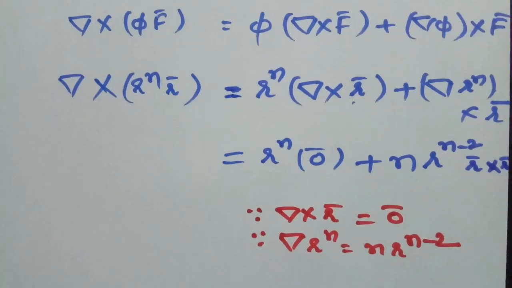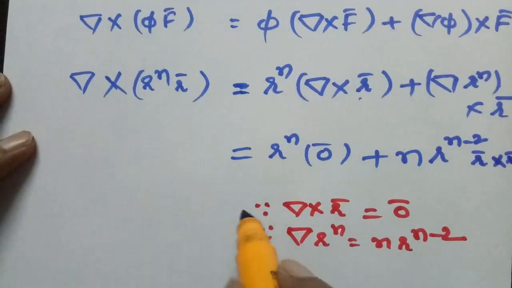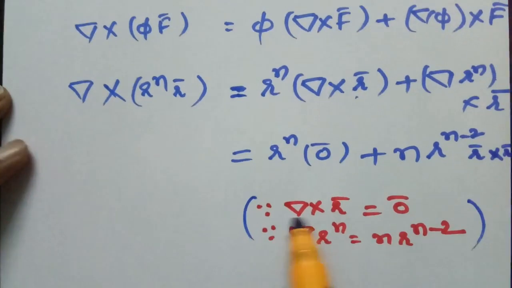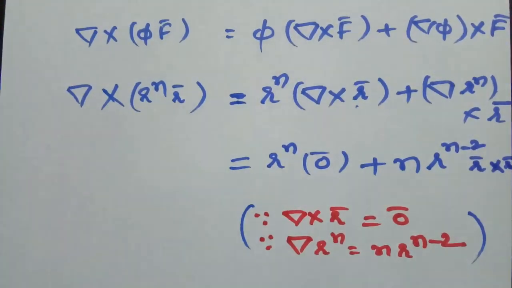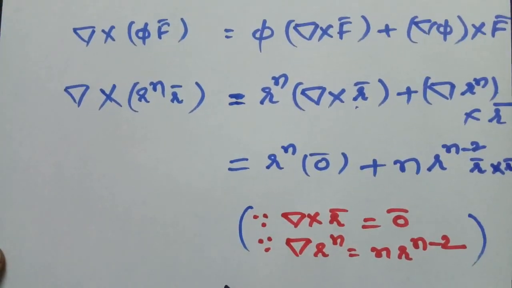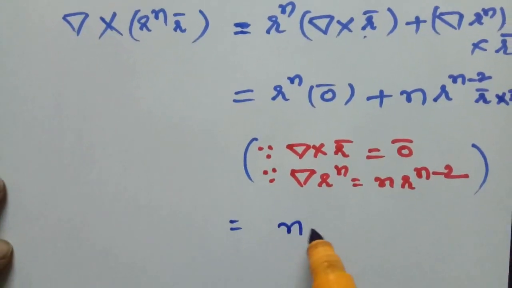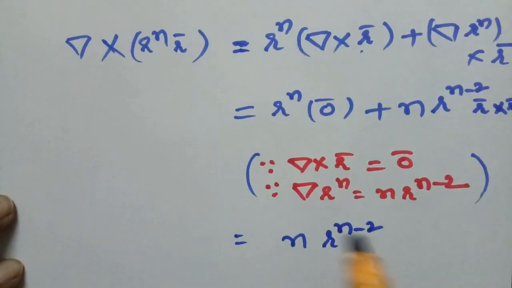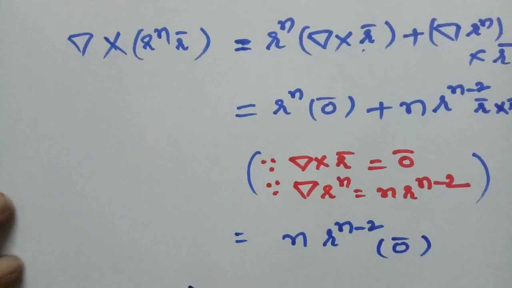We proved these two in the previous classes, in the curl topic and in the gradient of a scalar point function. Therefore, this is 0 plus n into r to the power of n minus 2 into r bar cross r bar, that is equal to 0 bar.